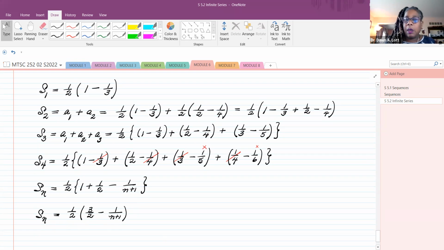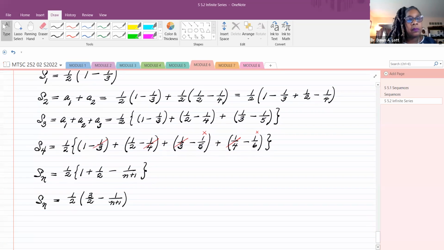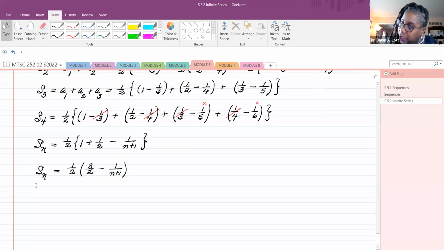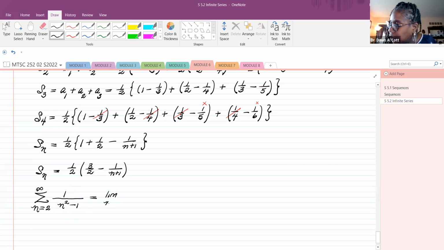Okay, all right, so we're at the end. We now get the sum, n equals 2 to infinity of 1/n² minus 1. It's going to be the limit as n approaches infinity of its nth partial sum.